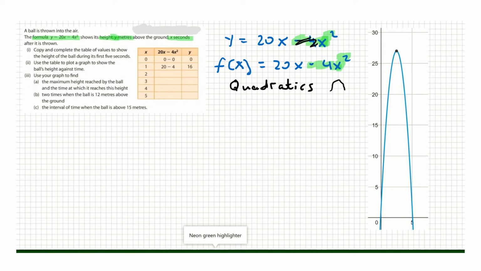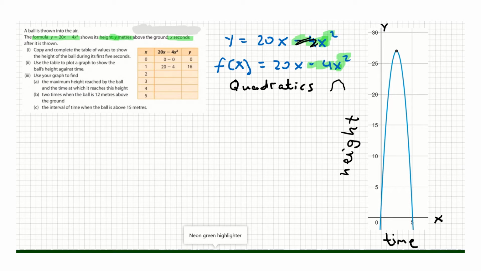So we can go to our graph and we see that this is time and this is height, the y-axis and the x-axis. Okay, this is the x-axis and here is the y-axis. So I'm going to come back to that graph in a minute.